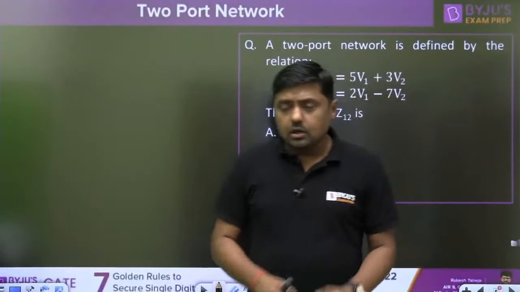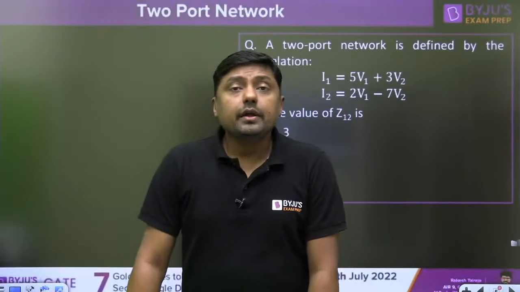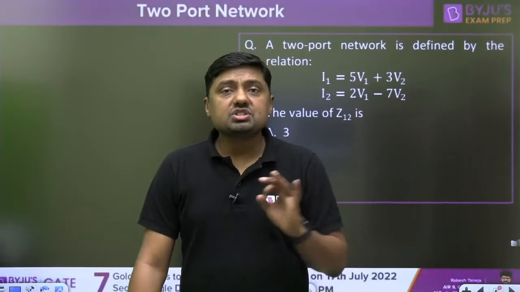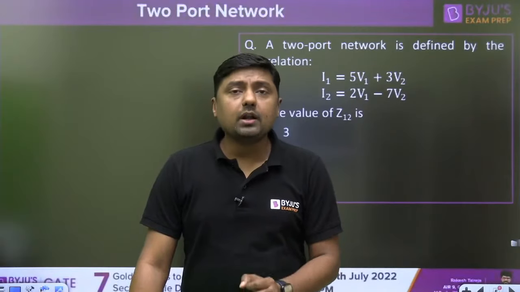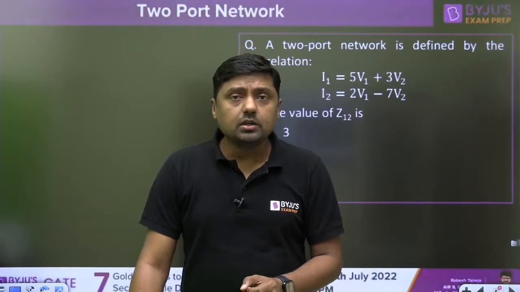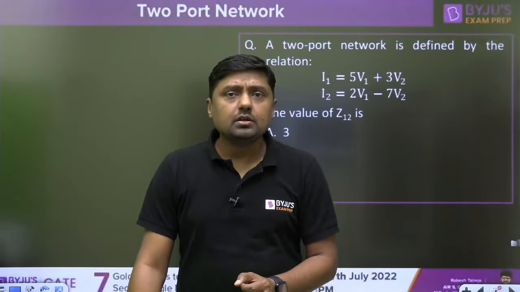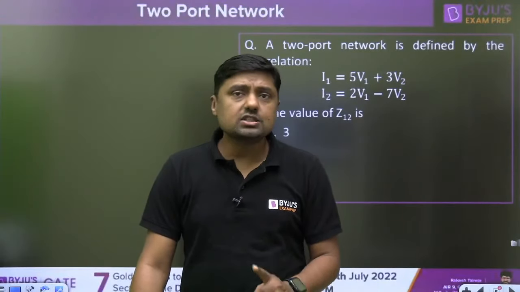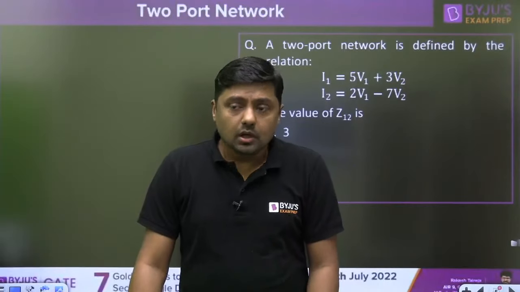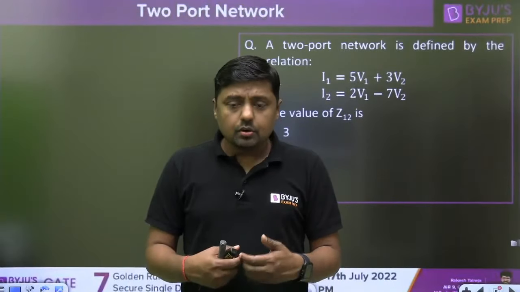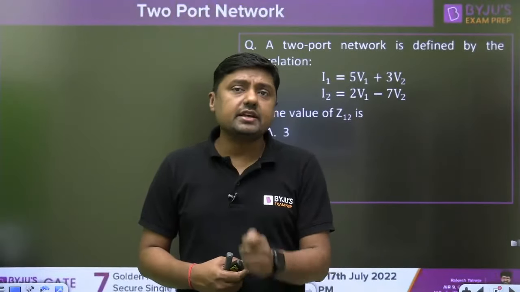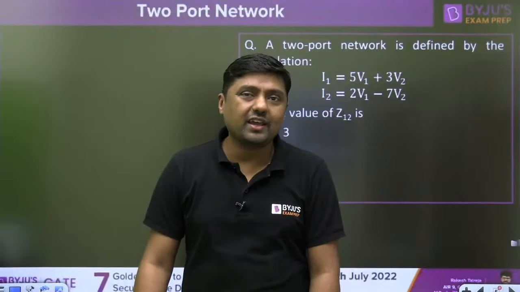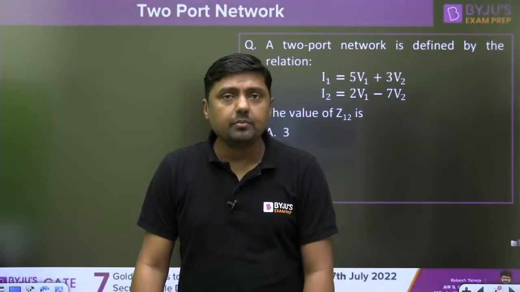Remember that in a two-port network, Z parameter, Y parameter, H parameter, ABCD parameter, these are important, and then G parameter, that is the inverse of H parameter. Now, and A dash, B dash, C dash, D dash parameter. So these are the important parameters.